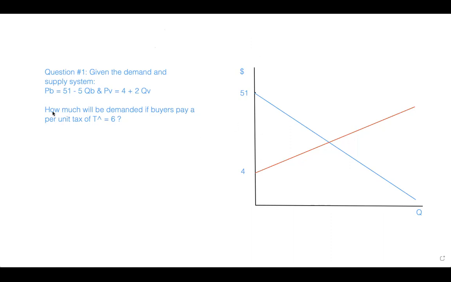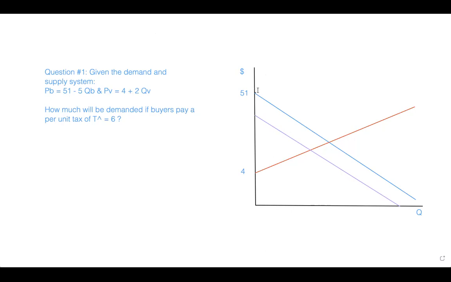But what we do want to do is go ahead and see this. It says how much will we demand if buyers pay a per unit tax of 6. So that would be a $6 tax. And we haven't talked about this yet in lecture, but then you end up drawing this thing that I'm drawing here in purple.